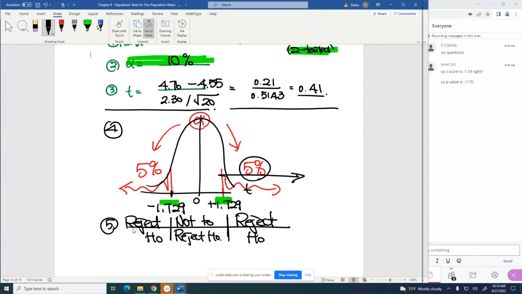Everything in the right tail, everything in the left tail, will be the two tails. It's not only the p-value, but also the critical value to make the decision in the two tails. Good, right? So we set up the decision rules. Okay, now how much was the test statistic?